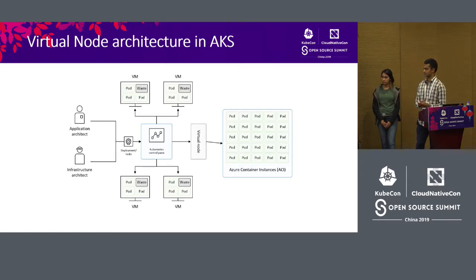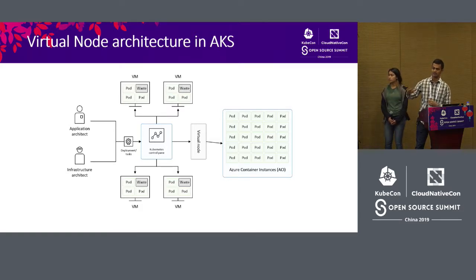So we've introduced an offering called Azure AKS Virtual Nodes, which uses the Virtual Kubelet project, and now you can burst out capacity of your pods to Azure Container Instances. Azure Container Instances is Azure's serverless containers offering, where a user can just deploy containers and we manage all the infrastructure.